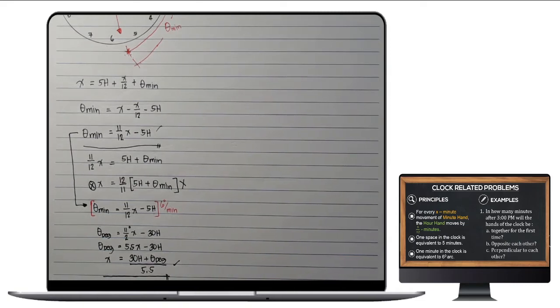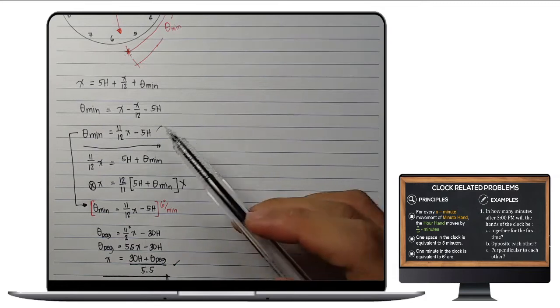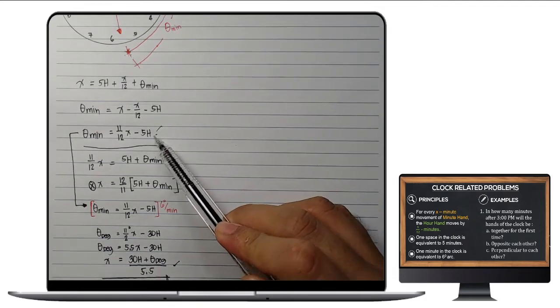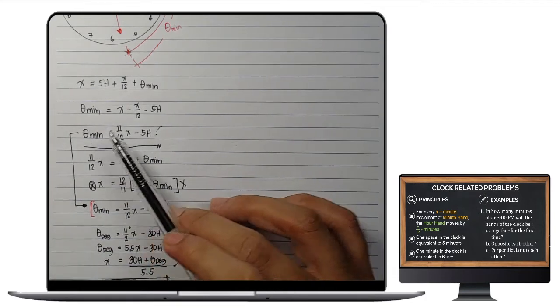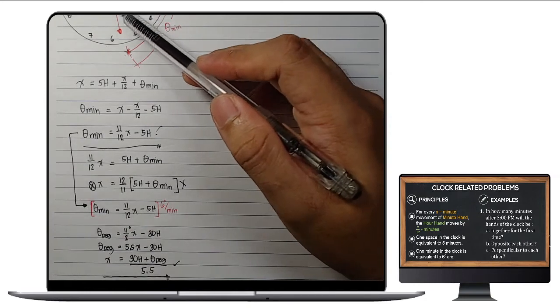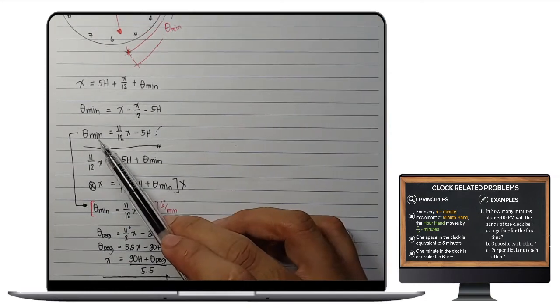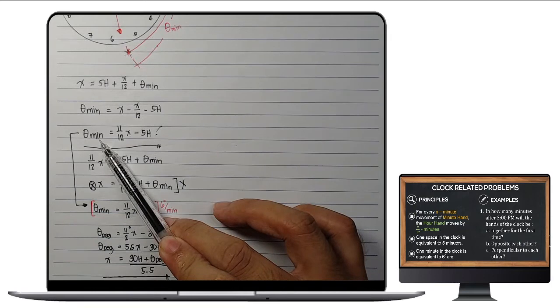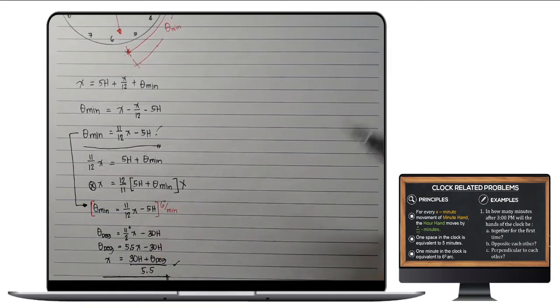Take note that when we use this formula, our theta in minutes, or the gap between the minute hand and hour hand, will still have a unit in terms of minutes. Whereas if we are given an angle in degrees, use this formula so that we can find the movement of the minute hand, which is already in minutes.